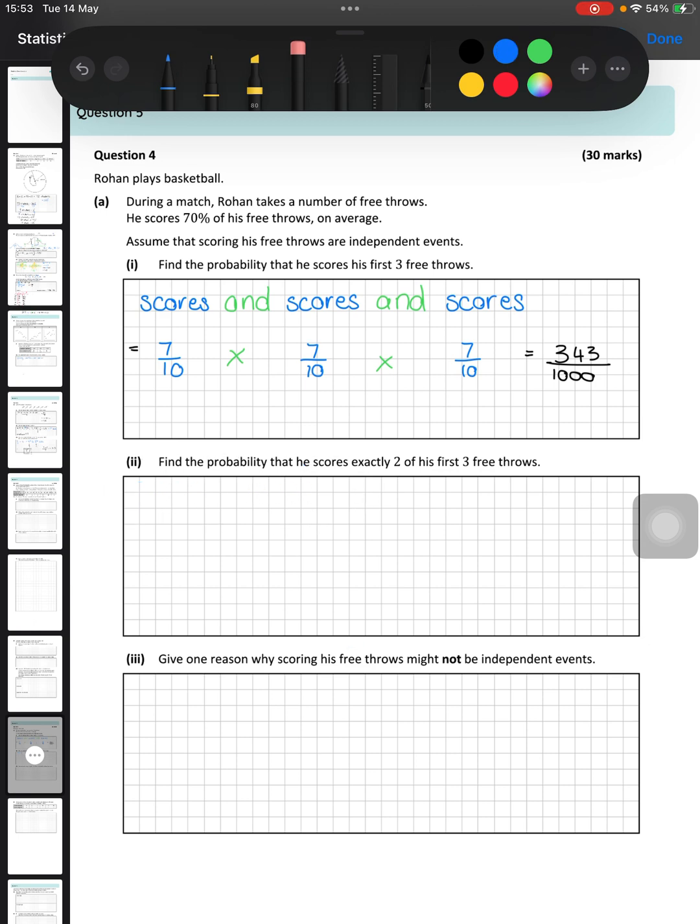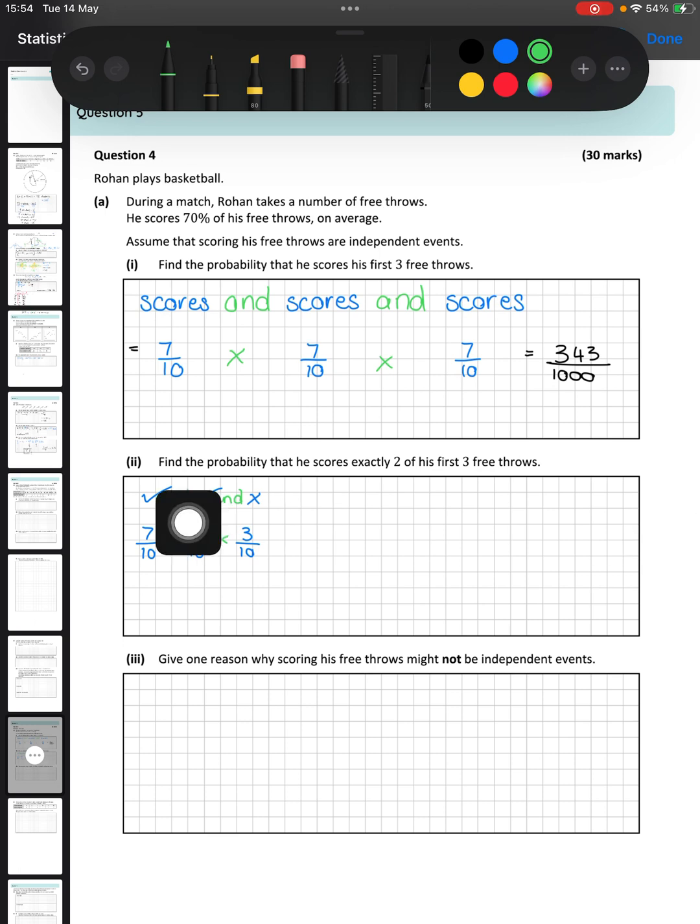So instead, what I can do is say either he scores, and then he does not score. In which case the probability would have been 7/10, 7/10, and then if that's the probability of him scoring, the probability of him not scoring is 3/10. And I would have to multiply those together.